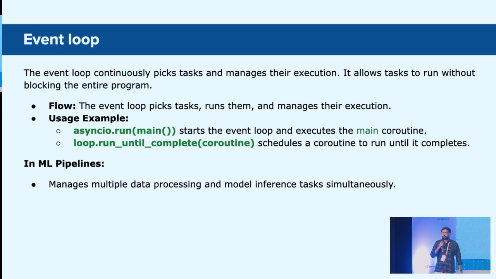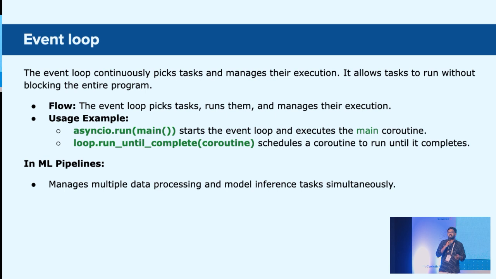So what does an event loop do? The event loop is considered the backbone of any asynchronous pipeline. It is for picking a task and managing its execution. You can consider it like an operating system, which is the backbone of any execution. In this case, the event loop picks any task, runs it, and manages its execution end to end.